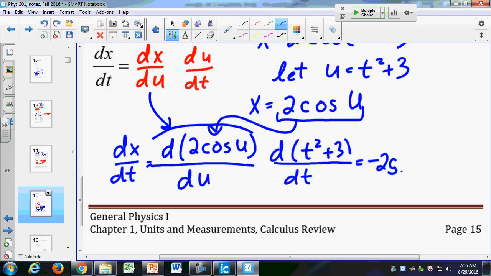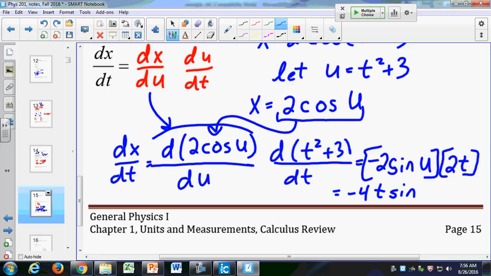Negative 2 sine of u. So that's the first part. And then the second part, the derivative of t squared plus 3 is 2t. Then I do a little bit of simplification. I get negative 4t sine, and then I plug back in my expression for u, which is t squared plus 3.